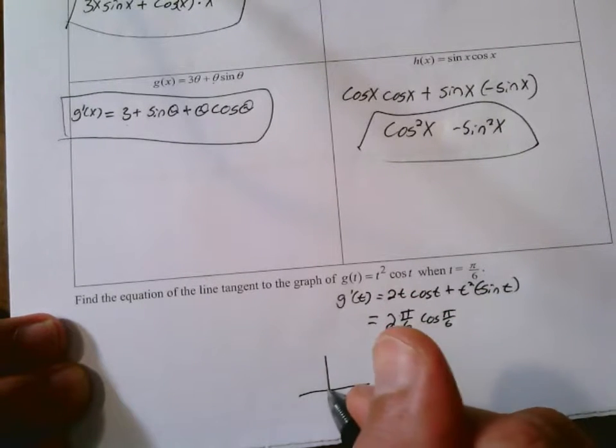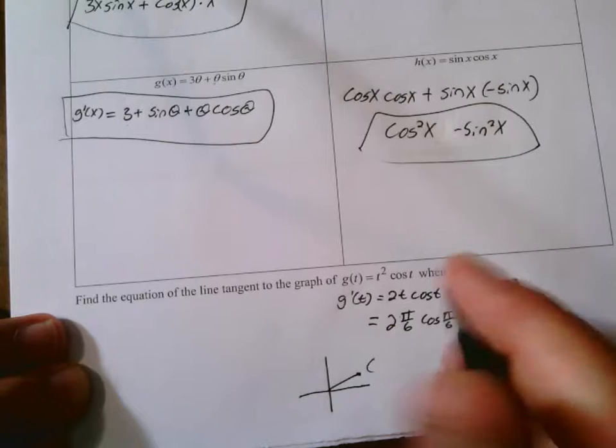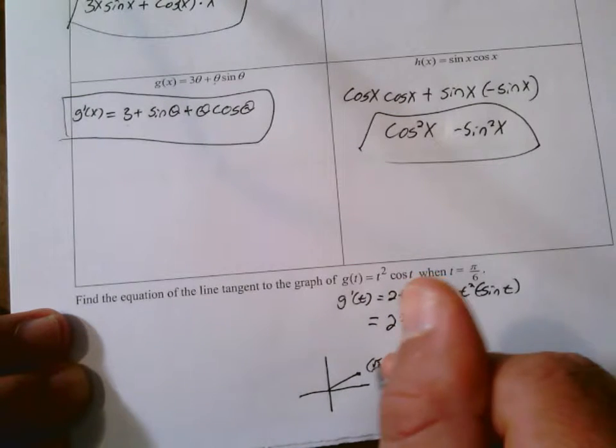Pi over 6, remember, is our 30-degree angle.